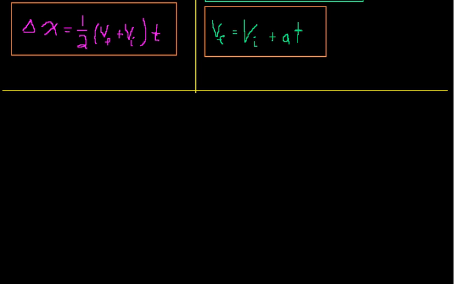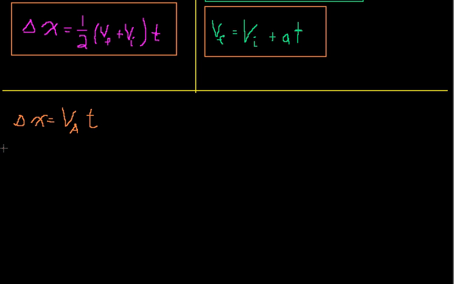So let's start with one of our more basic definitions. We've got the delta x, the distance that we travel, is equal to the average speed that we're traveling times however long we travel at that speed for, right?